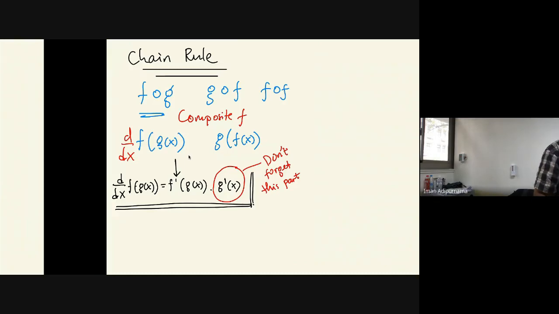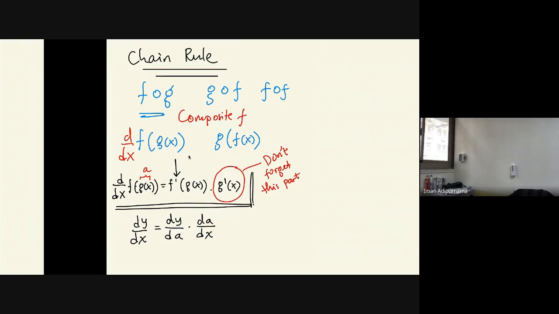And another way to write this composite: for example, if your function inside is a variable, let's say a, okay, you can write this as you derive the whole composite with respect to a, and because a is another function of x, you have to multiply with dA over dx. Okay, that is how you read this part.